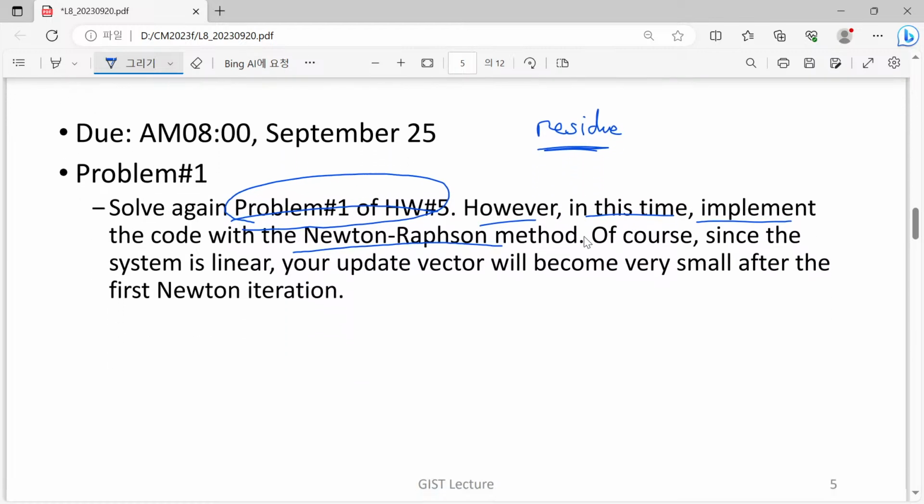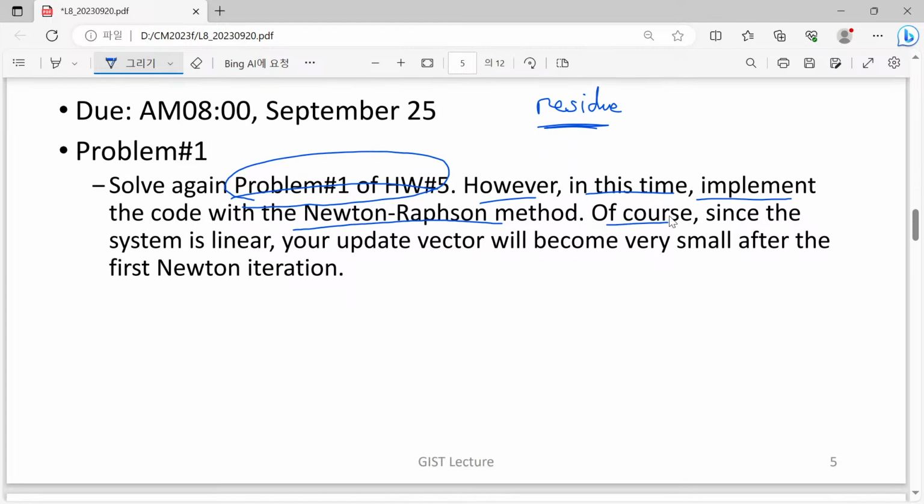Please implement, and of course, since the system is linear, your update vector will become very small after the first Newton iteration. So at the first Newton iteration, you will get quite a large update. So for your delta x, for example, this is the update.